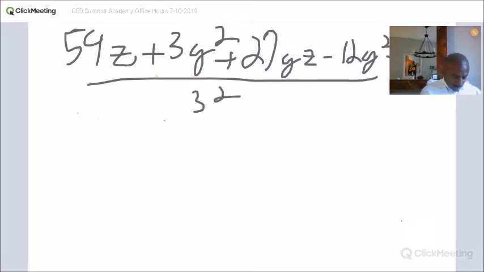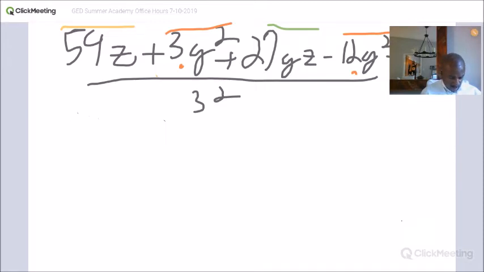As you said correctly, Fatima, we want to identify the things that are alike. This one and this one are alike because they both have y squared. This one is by itself because there's nothing like it. This one is by itself because there's nothing like it. So the only 2 things that you're going to be combining is this one right here and this one right here. Okay. Yeah, because the other ones are already.